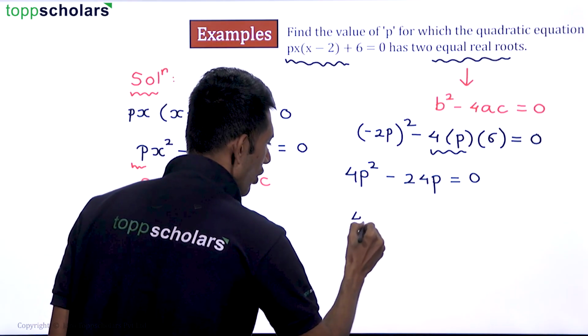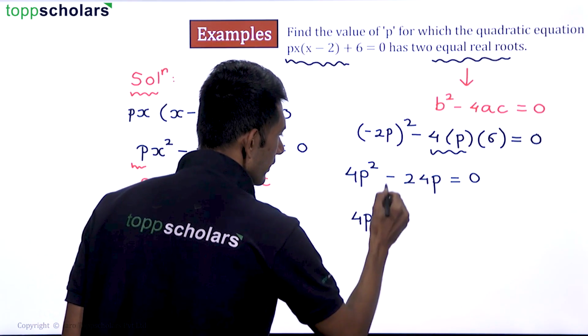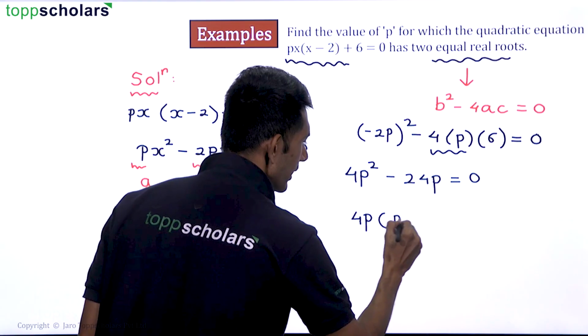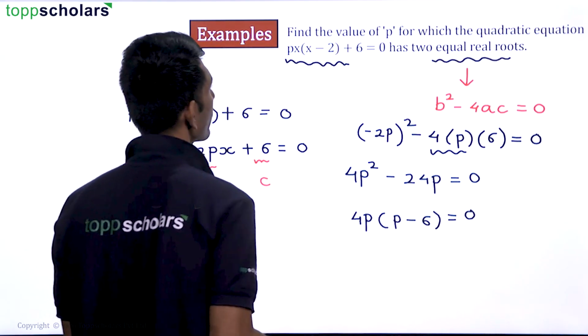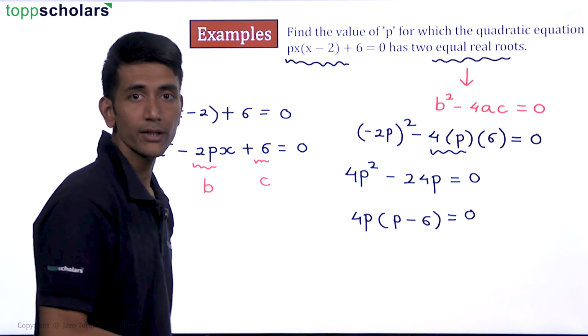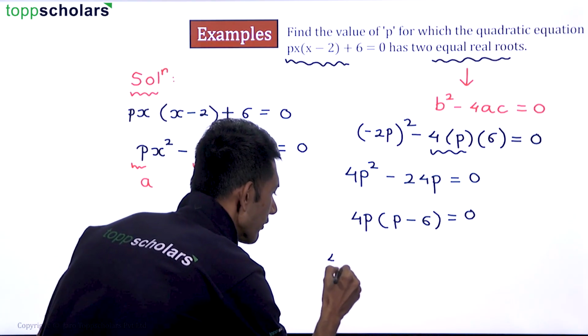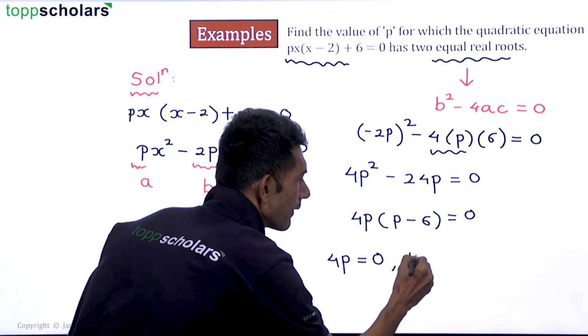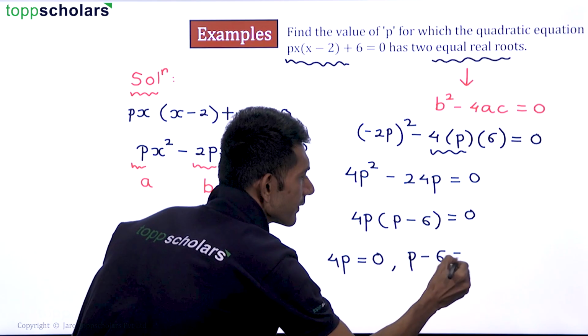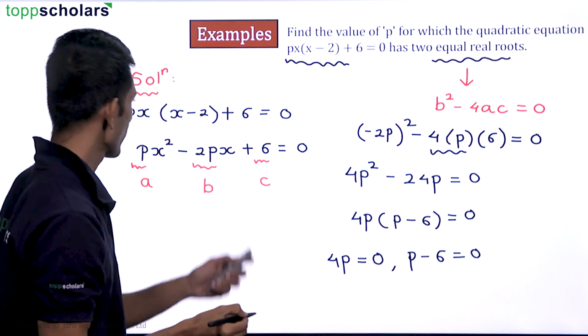Can I take 4p common? If 4p is common, I get p minus 6 is equal to 0. So definitely from here I am going to get two values of p. 4p is equal to 0 or p minus 6 is equal to 0.